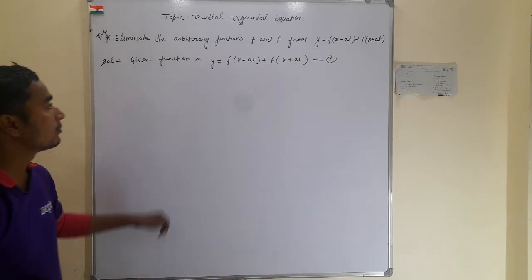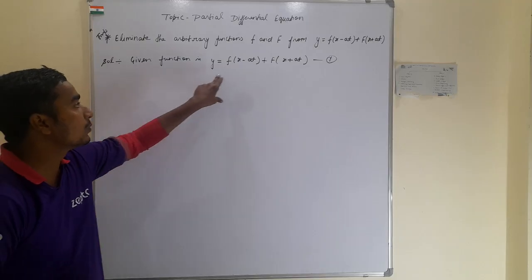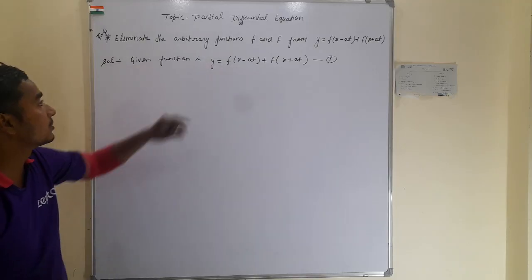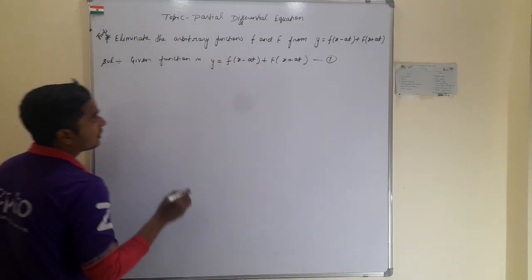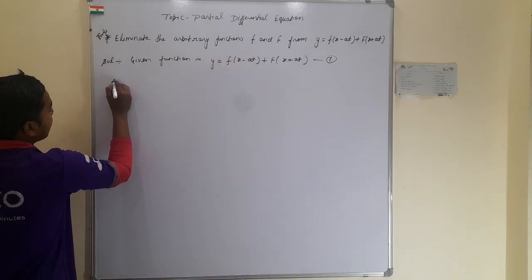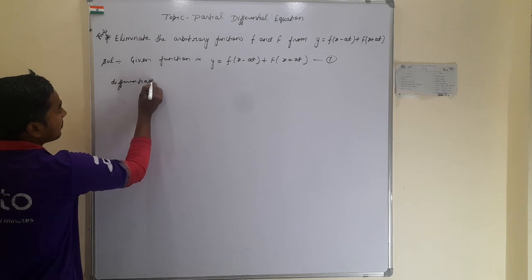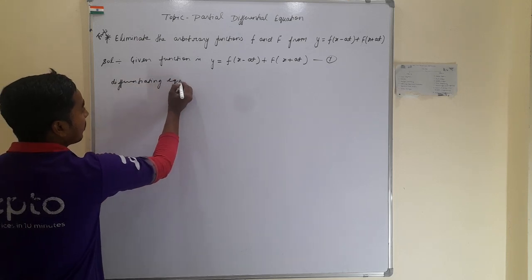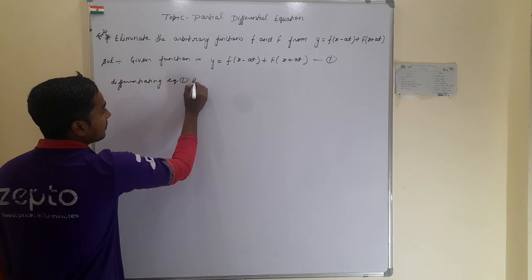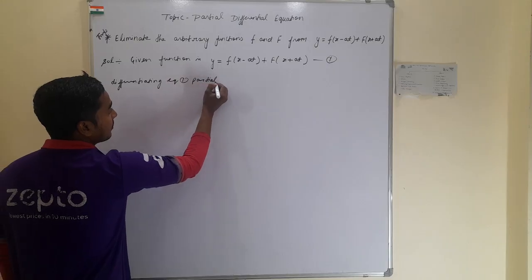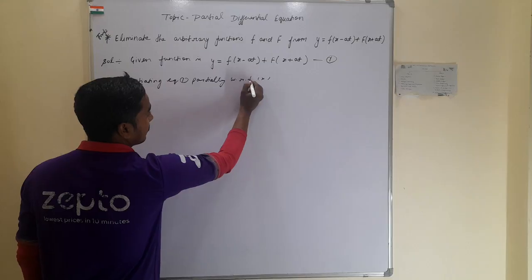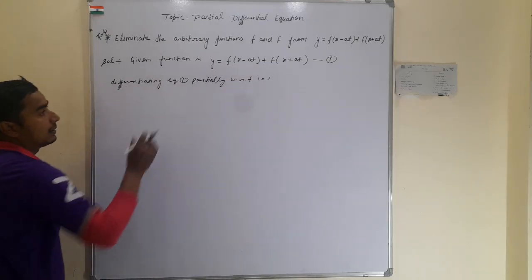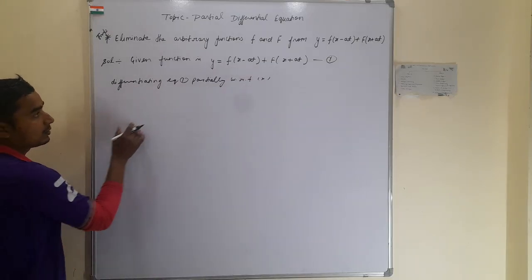We have to form the partial differential equation by eliminating the arbitrary functions. Here the arbitrary functions are small f and capital F. So first we differentiate equation 1 partially with respect to x.